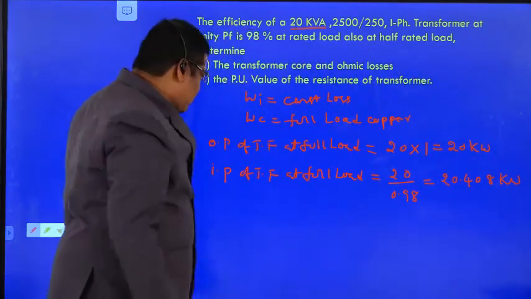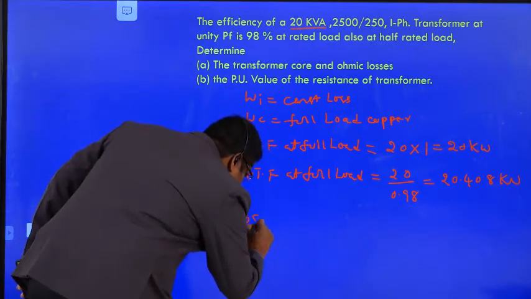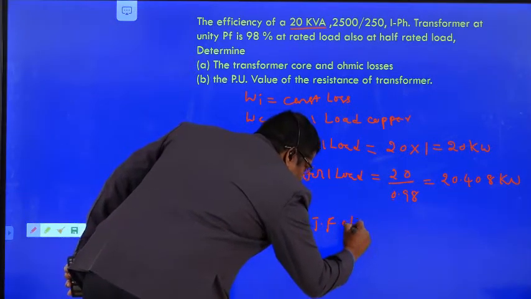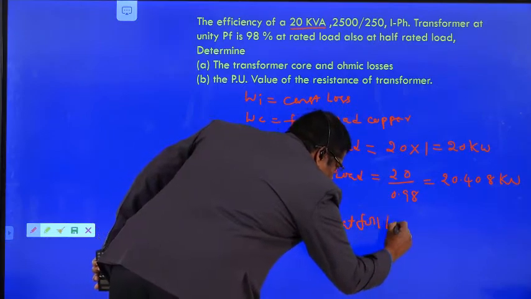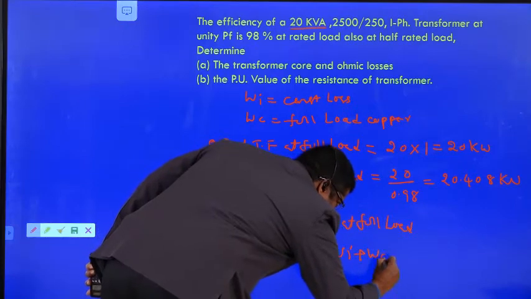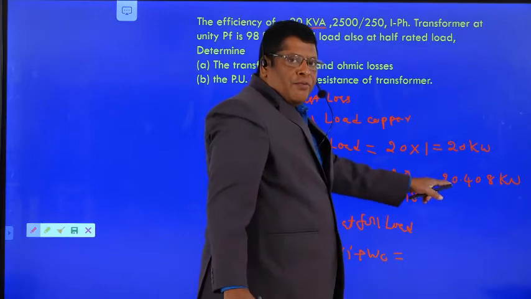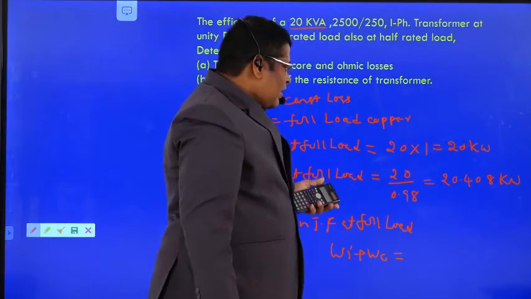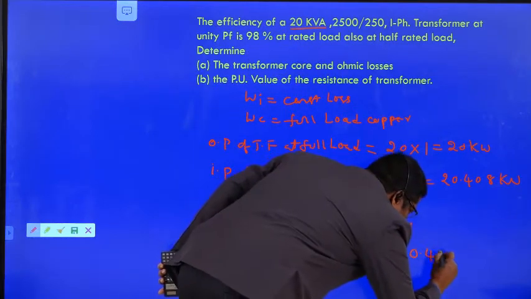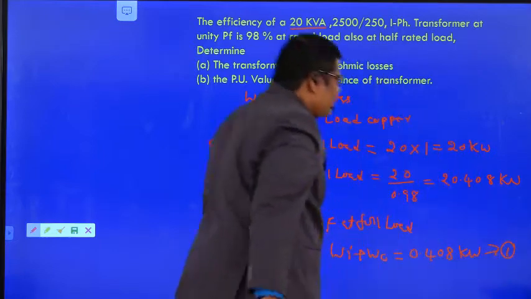Now the losses in a transformer at full load are equal to Wi plus Wc, or input minus output. So 20.408 minus 20 gives 0.408 kilowatt. Take this to equation 1.